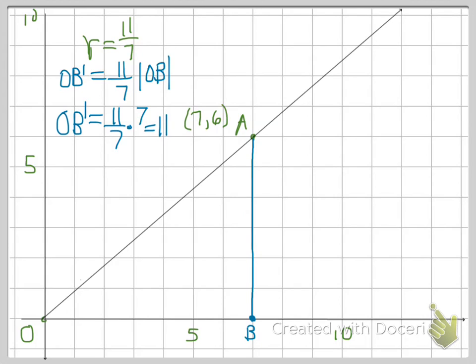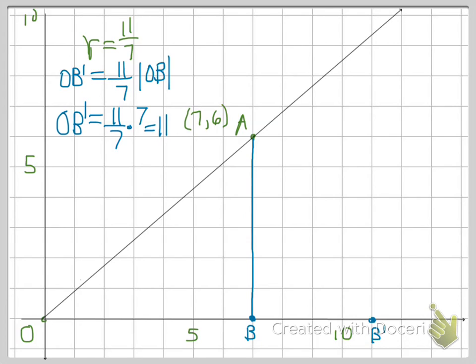So the distance OB prime is 11, so I can come over here and mark B prime. Now this problem has been designed so the numbers come out nicely, at least for this part of it, but it doesn't have to. And you could use a calculator and estimate where your points go to be sure about that.